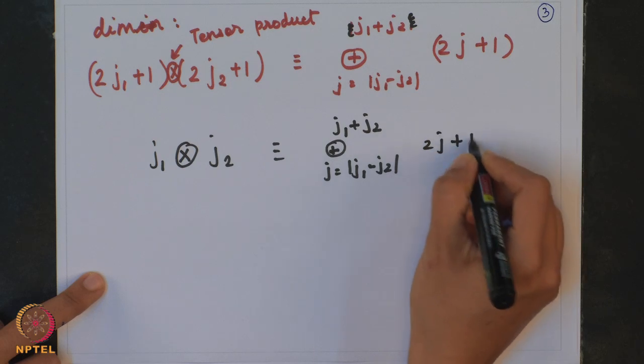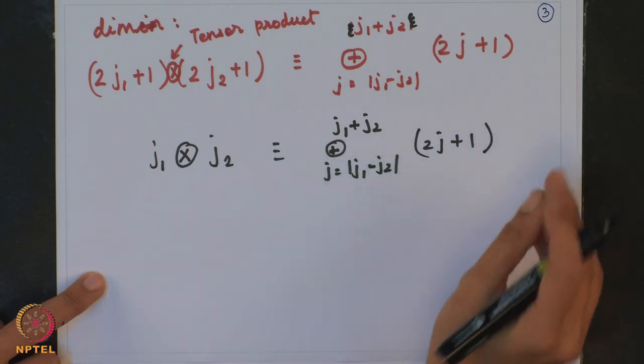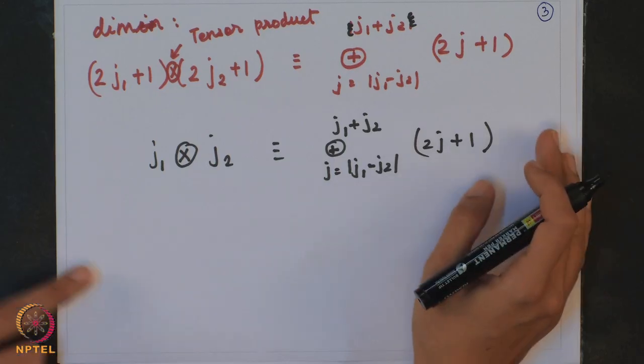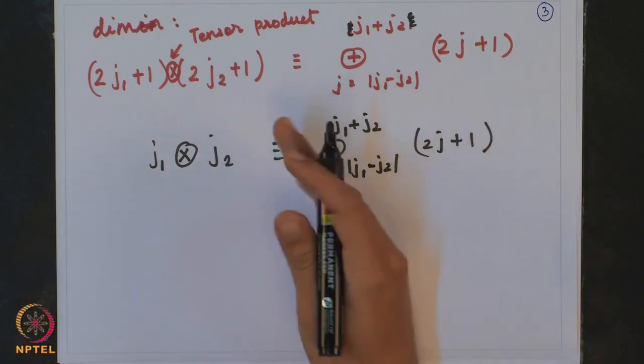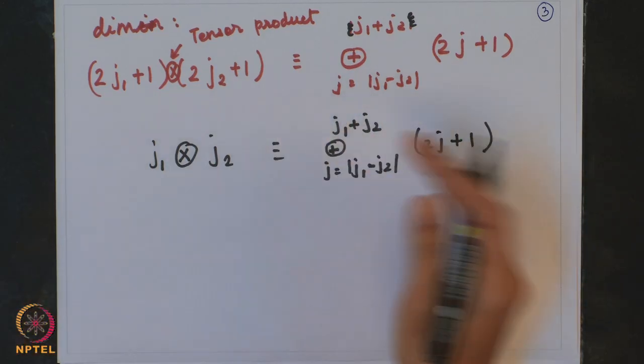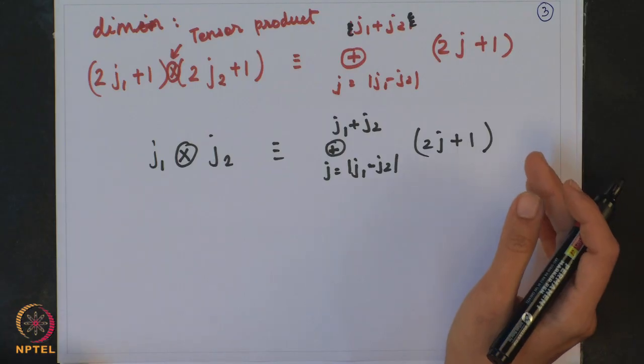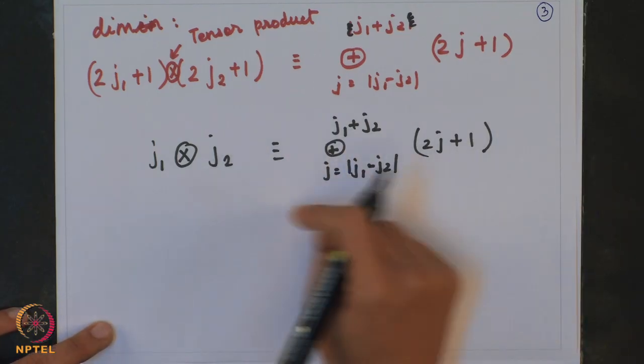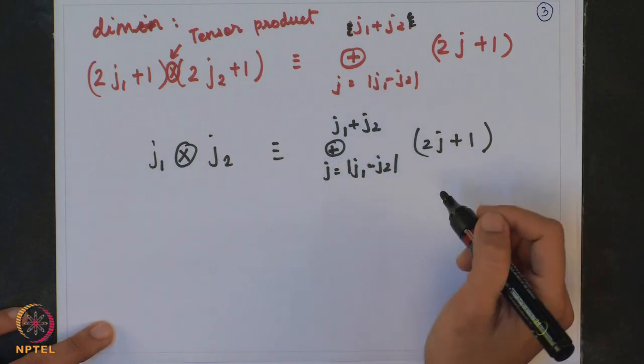So, 2J plus 1. This you need to remember; this is the first step in which you will understand how you can compare the reducible and irreducible states. So, you should have the idea how these dimensions match.